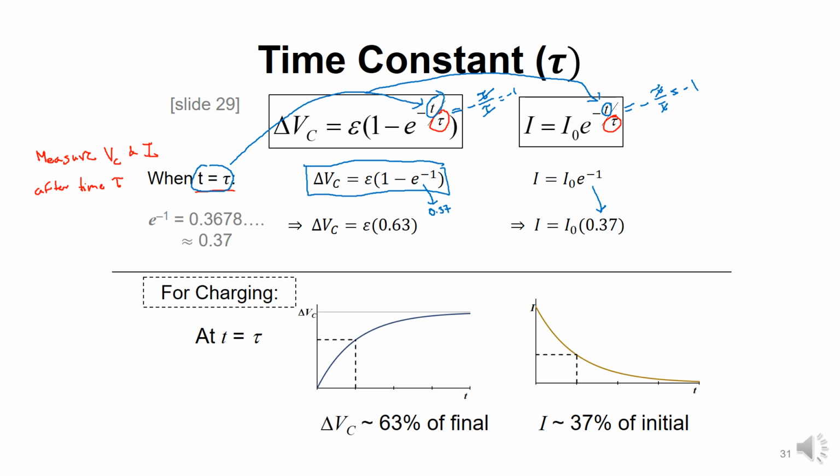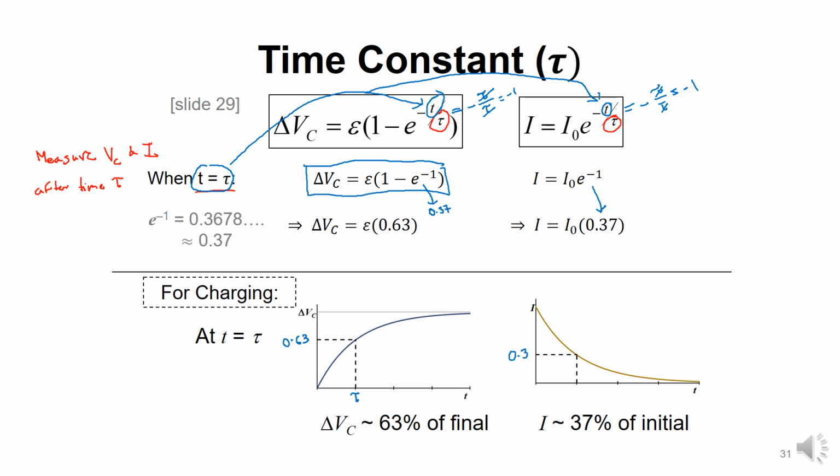And this is how we can draw them on graphs. The graph on the left shows us the voltage on a charging capacitor. Let's mark this: this is 63% of the final value, so let's write 0.63. The time it takes to go from 0 to 63% is a time of tau.